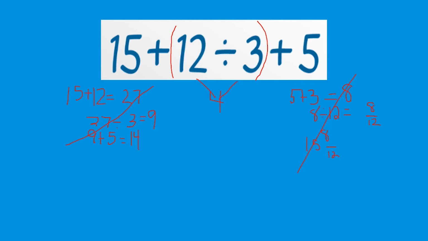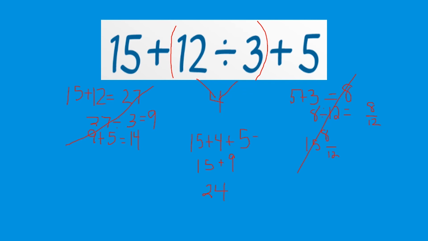Now I need to think about what my next step is. 15 plus 4 plus 5. When I add this together, I get 15 plus 9, which equals 24.